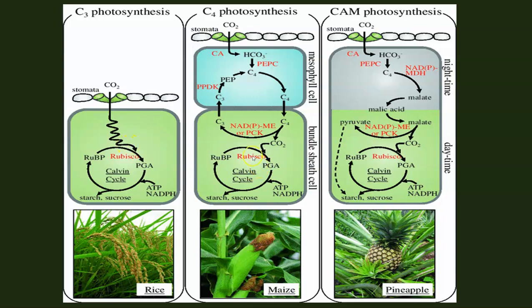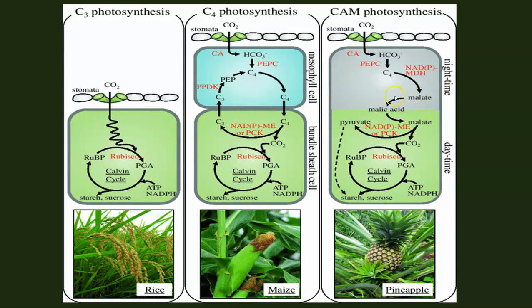C3 pathway. When you come to CAM photosynthesis, here you do not have any Kranz anatomy, but this cycle is completed during 2 time zones. That is, part of the reaction is completed during the night time, and part of it is completed during the daytime. During the night time, you have your CO2 being taken up, converted into malate, and finally stored as malic acid.